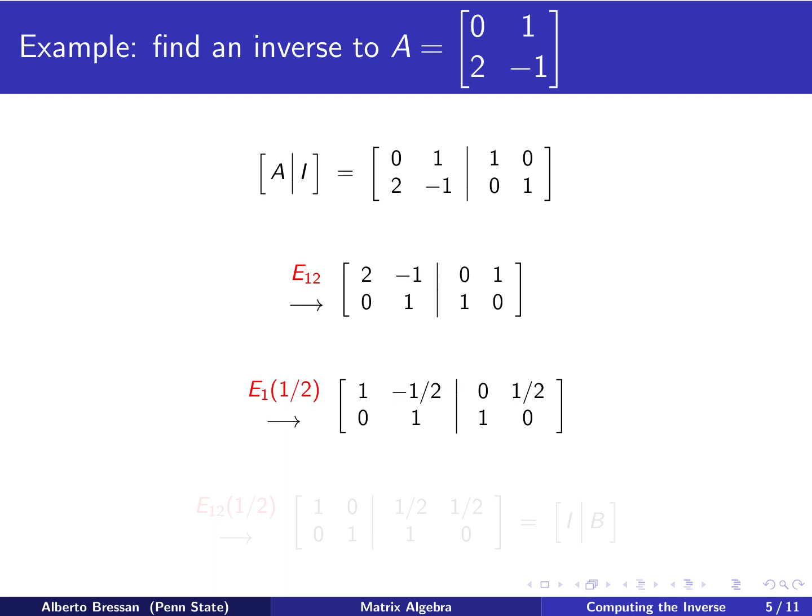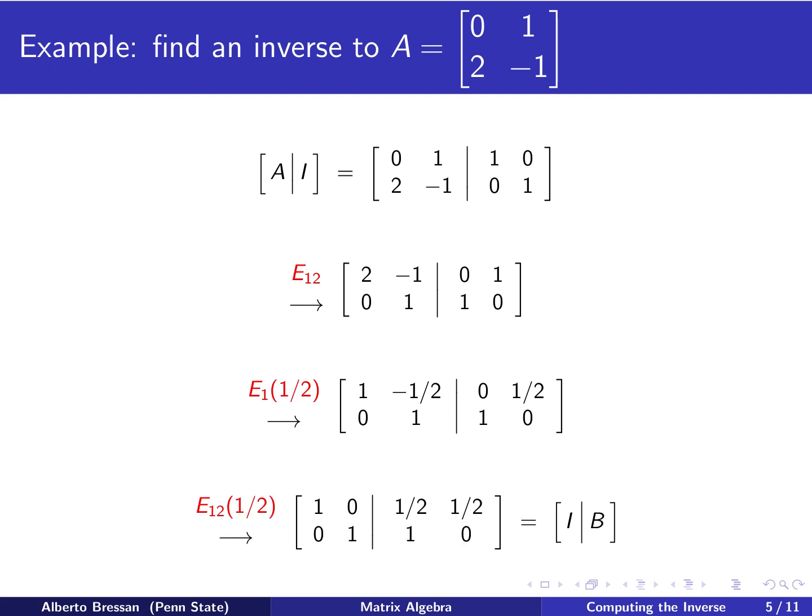Now the next step is to make this term 1. That is, we'll take the first row and multiply it by half. So perform E1 multiplied by half. All of these will be multiplied by half, so I get 1, -half, and 0, and half.